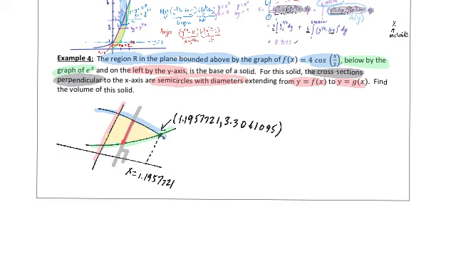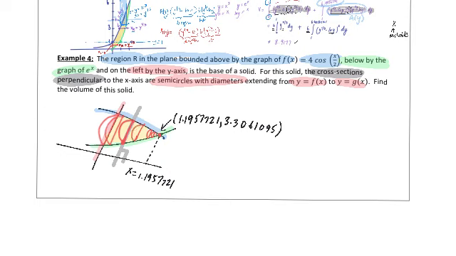The diameter is like that, and then you got a semicircle like that, and another one like that, and you are going all the way from one end of the region down to this point, right? So smaller and smaller semicircles as you come in here. And that's what our solid is going to be made up of. And we are just trying to find the volume.